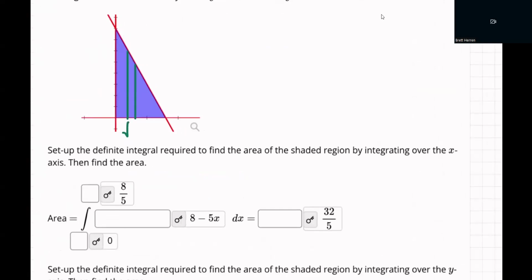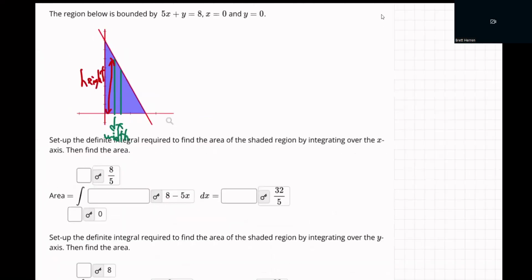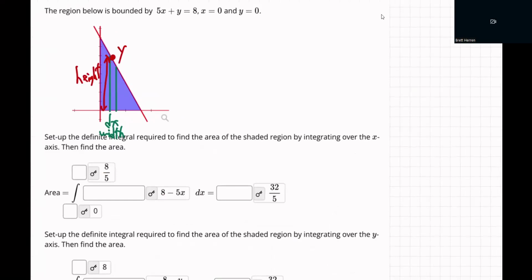How do I know that dx is the width of that? Okay. And then what is the height? How do we know the height of that little rectangle? Well, the height is y, right? It goes up to the y coordinate.